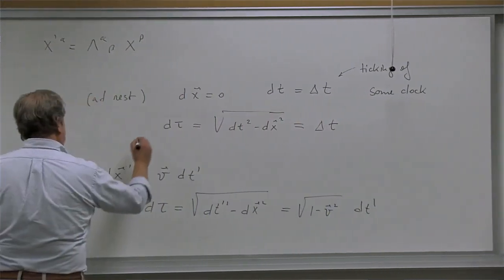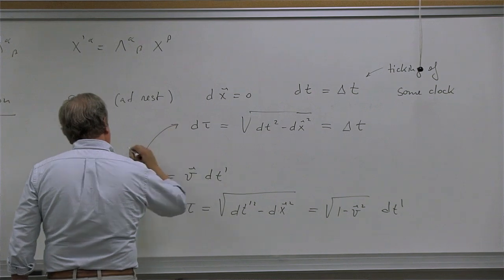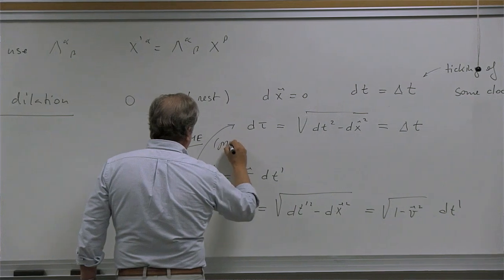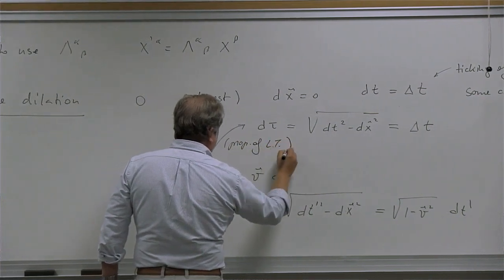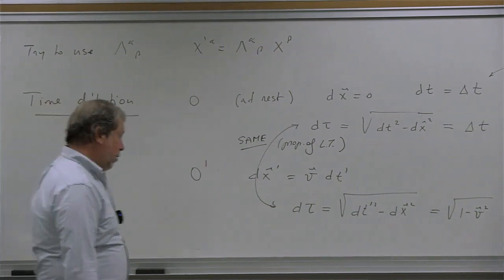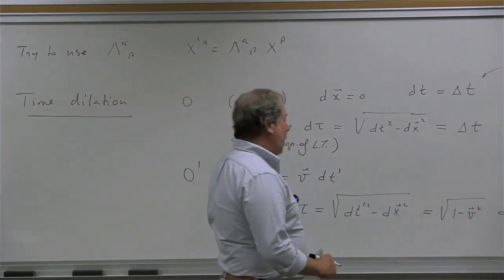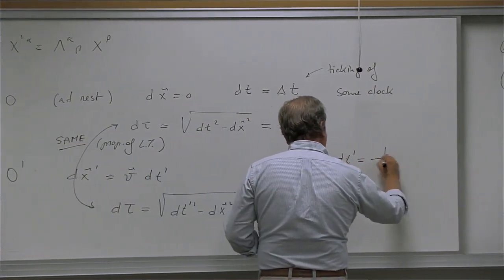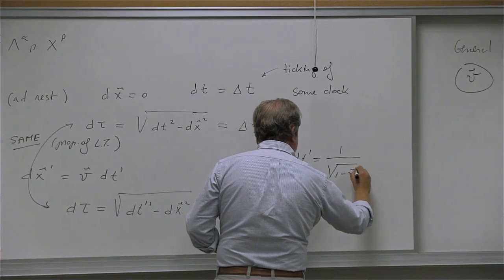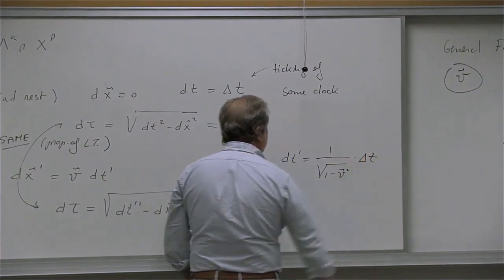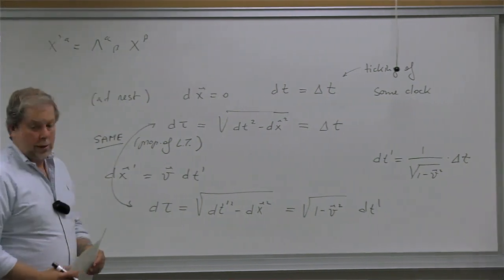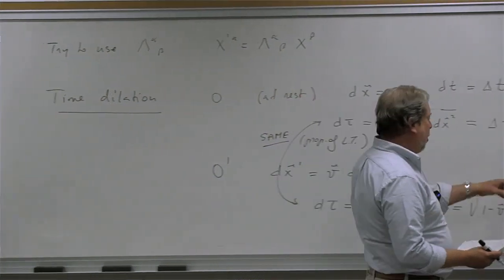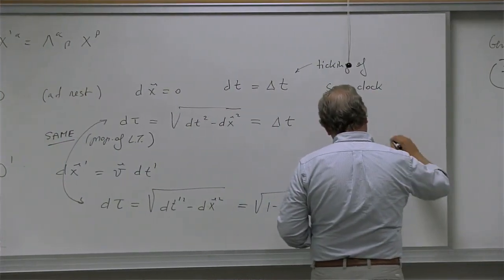And these two have to be the same, because this is a property of the Lorentz transformation, that it keeps the proper time interval the same. So that means that dt prime is equal to 1 over the square root of 1 minus v squared times this proper clock interval. So there is a time dilation factor which comes in, which is given by gamma, this gamma factor.